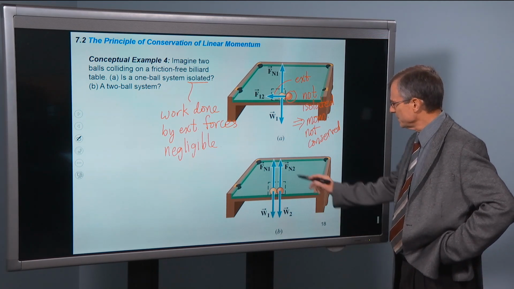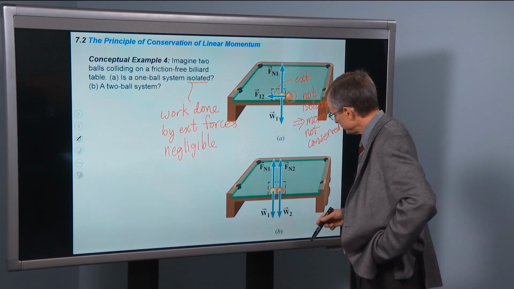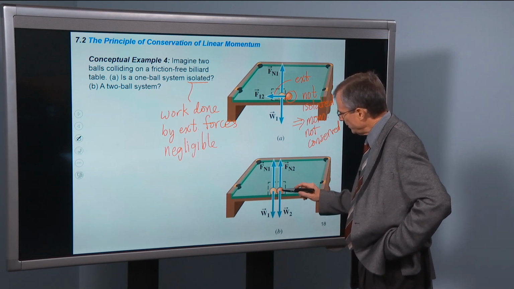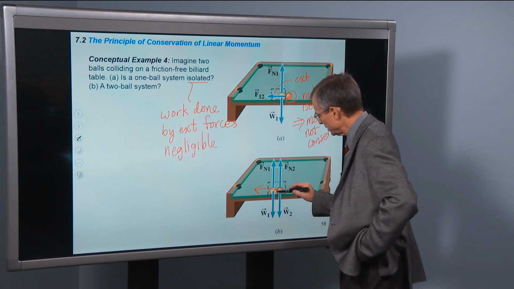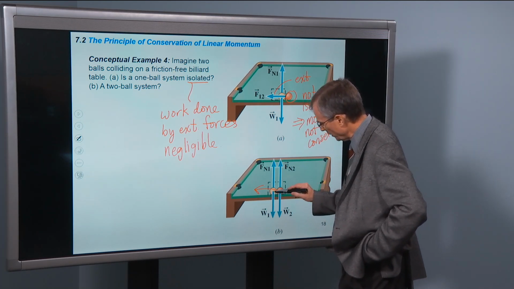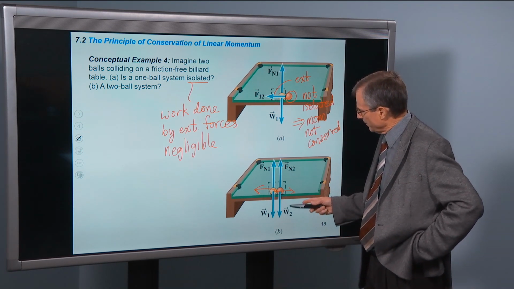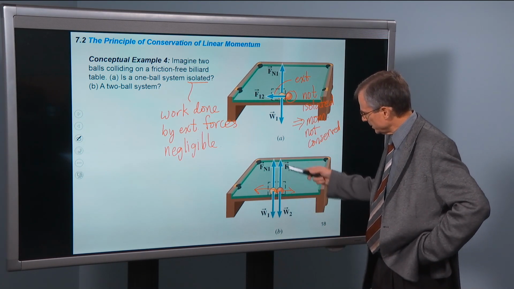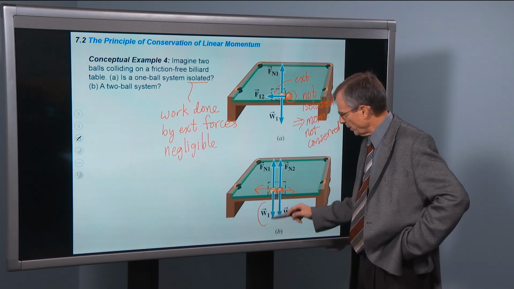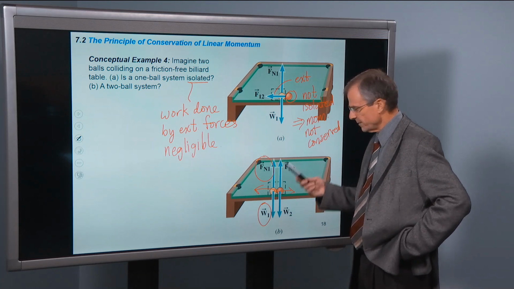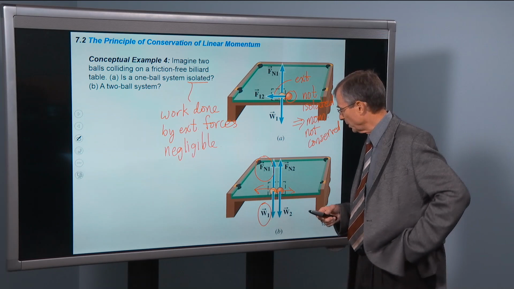All right, well, what about this case here? Now my system includes both balls. There's definitely still a force. Each ball exerts a force on the other. There are other forces that act on the system. The weight of ball 2, the weight of ball 1, the normal force of the table pushing up on ball 1, and the normal force of the table pushing up on ball 2.